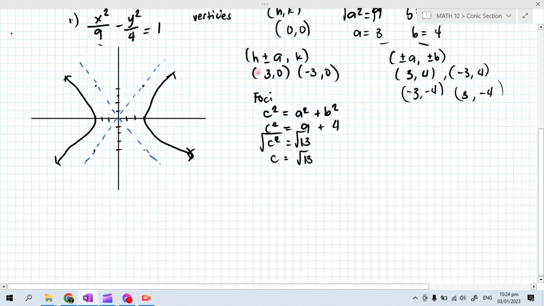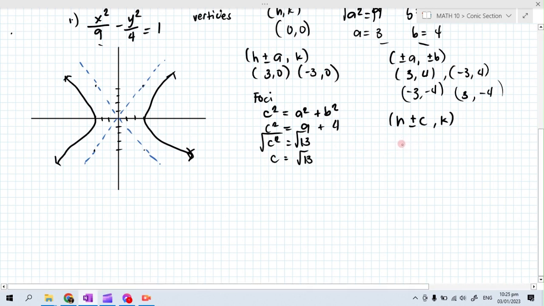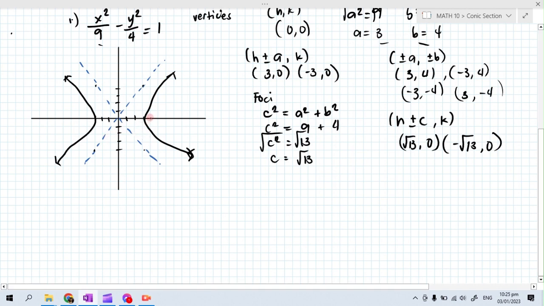So since our a lies on the x-axis, to get the coordinates of our foci, we will be using h plus minus c, k. Thus, we will be having square root of 13, 0, and negative square root of 13, 0. Now, square root of 13 is approximately 3.61.